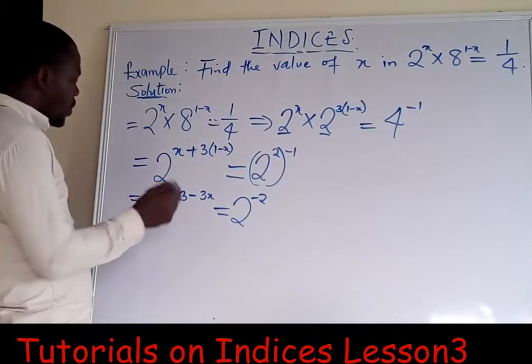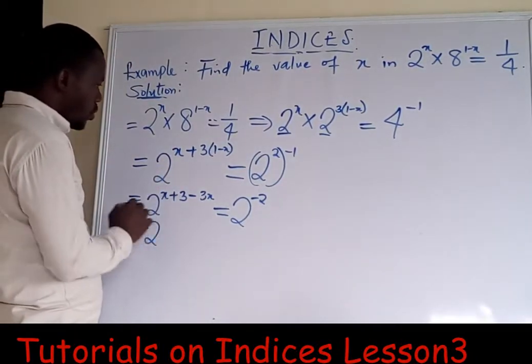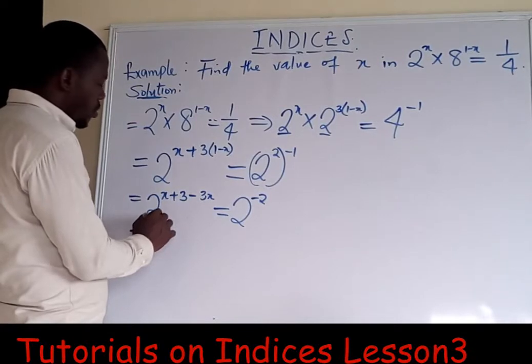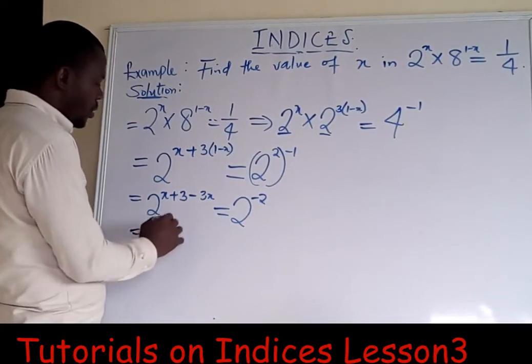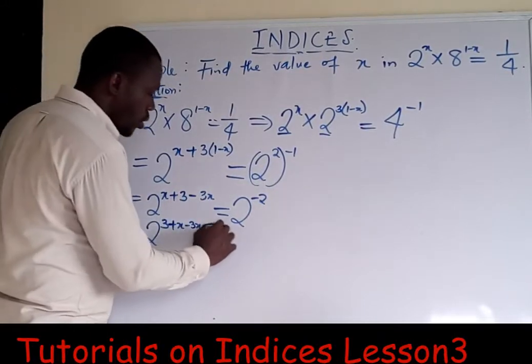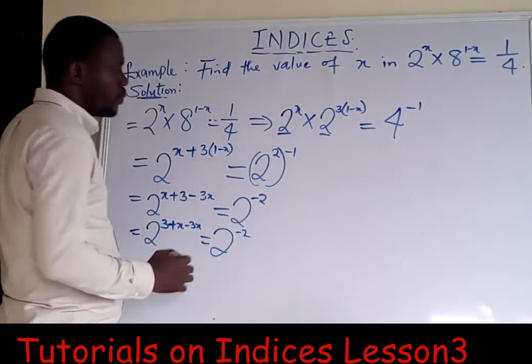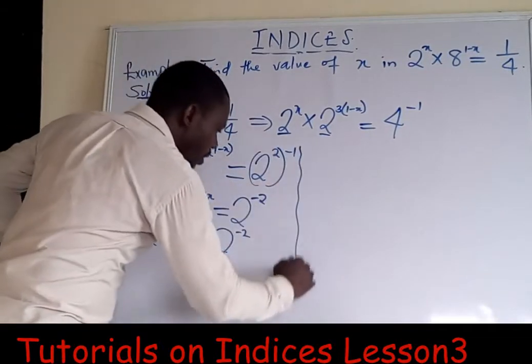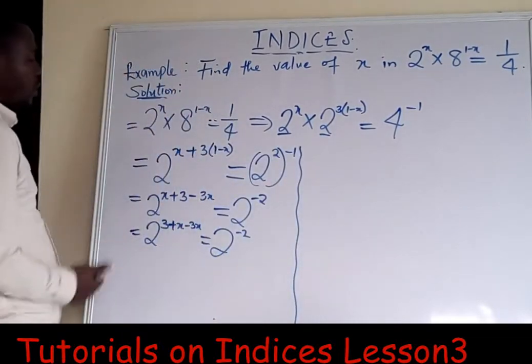So now, what do we have here? We have 2 raised to the power 3 plus x minus 3x equals 2 raised to the power minus 2. Let me divide this place here like this. Now, what do we have here?